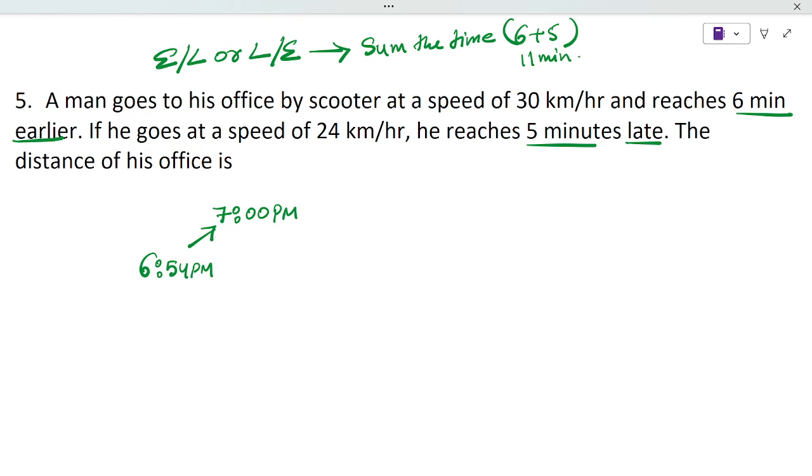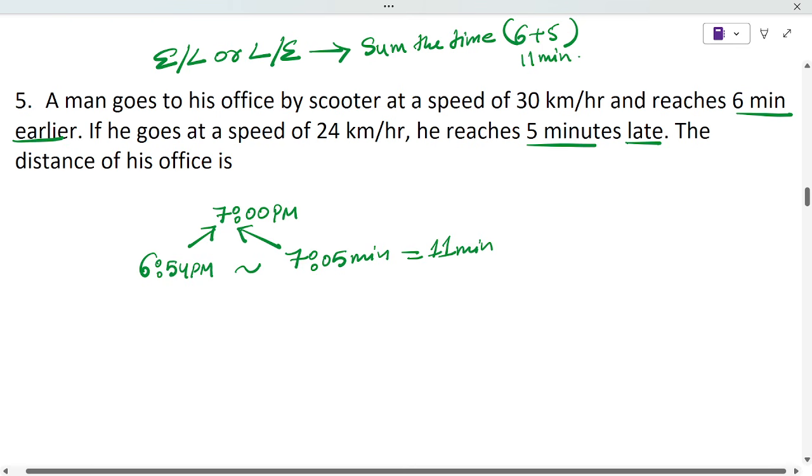And if I am 5 minutes late, that means I arrive at 7:05. So the difference of these two times is what? 11 minutes. So whenever you see early and late, you just sum the time. That's it. 6 minutes early, 5 minutes late, 6 plus 5 gives us 11 minutes.